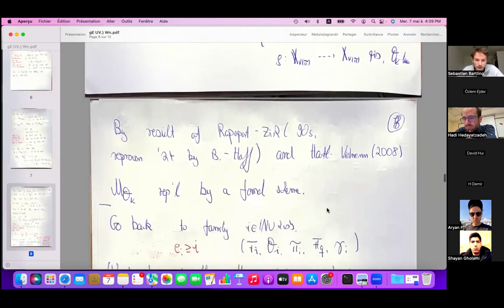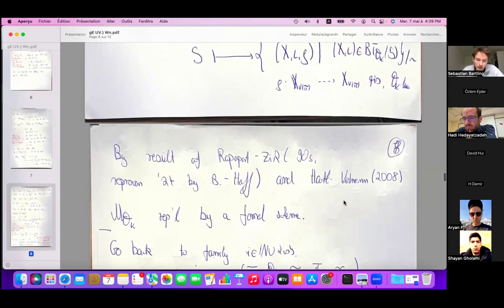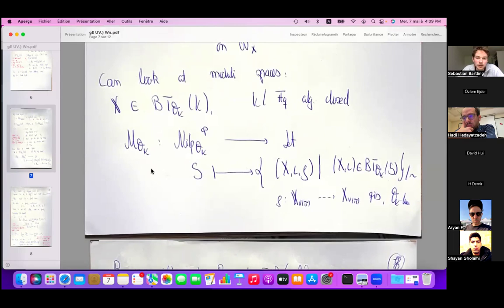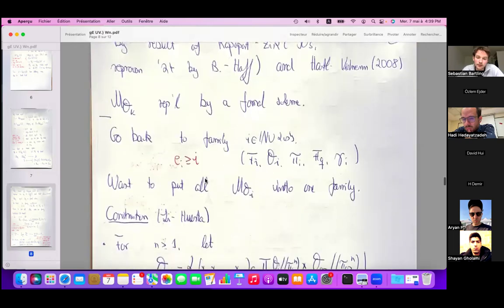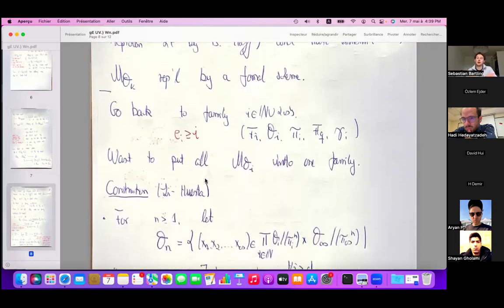Okay, so now I have these moduli problems that are defined both in the p-adic situation and in the function field situation. Now what I want to do is go back to this fixed family from before.